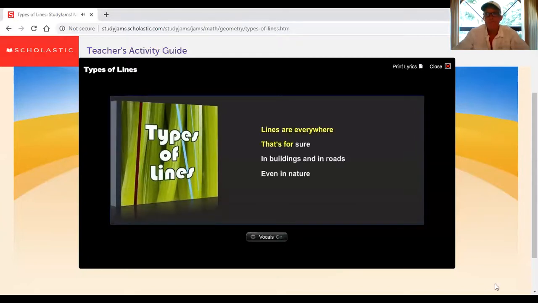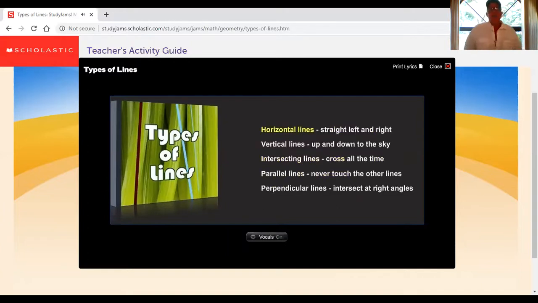Lines are everywhere, that's for sure. In buildings and in roads, even in nature. And when they're classified, it's easier for me to solve tough problems in geometry. Horizontal lines, straight left and right, vertical lines, up and down to the sky, intersecting lines, cross all the time, parallel lines, never touch the other lines, perpendicular lines, intersect at right angle.